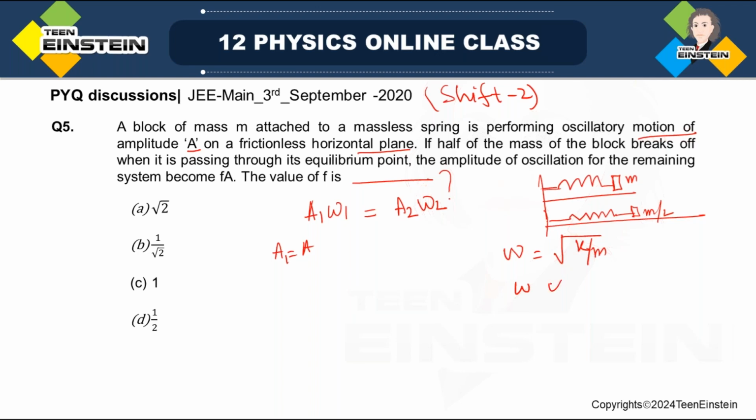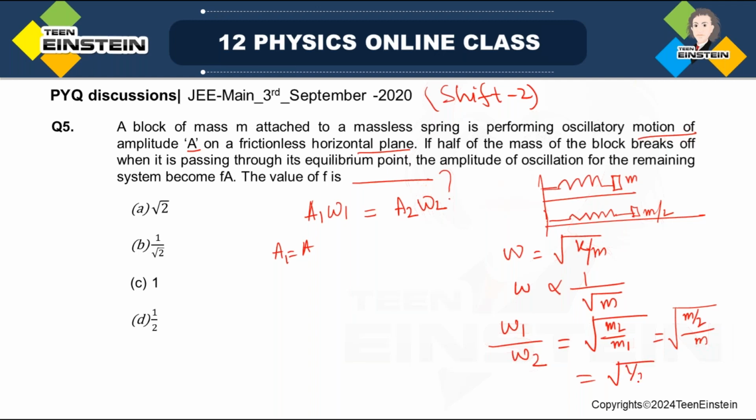That means omega is inversely proportional to square root of m. Then I can write omega 1 by omega 2 equal to root over m2 by m1. m2 is m by 2 and this is m. That means you get 1 over 2, that means 1 over root 2. This is omega 1 by omega 2.